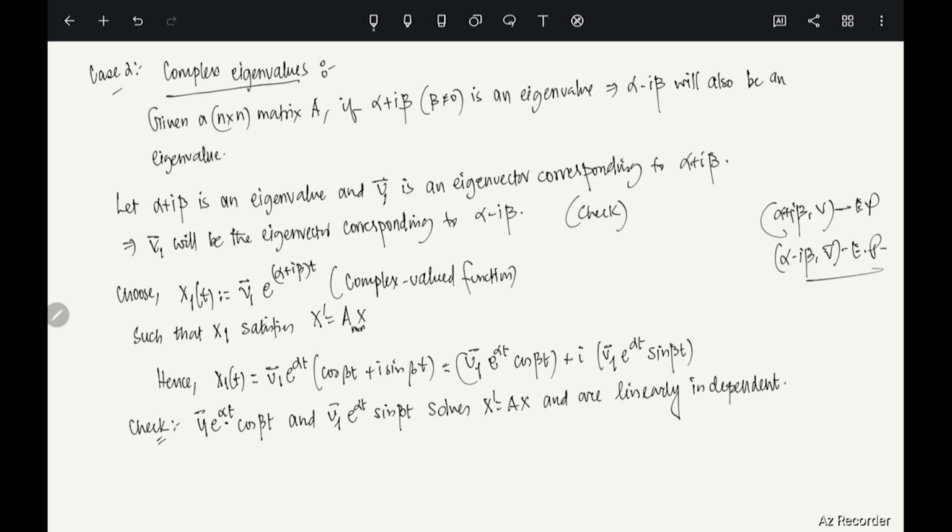So now, once you check this part, we have this theorem. Let A be an n cross n constant matrix, a real valued constant matrix.